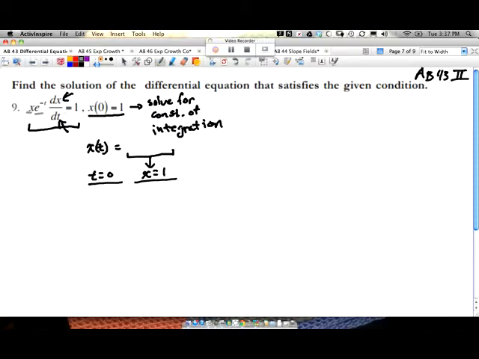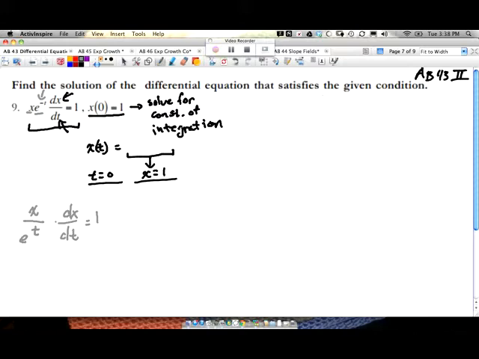So I have x e to the negative t dx dt equals 1. So first, let's take care of this e to the negative t. That's like saying x over e to the t, because a negative exponent just means, across the dividing bar, times dx dt equals 1.